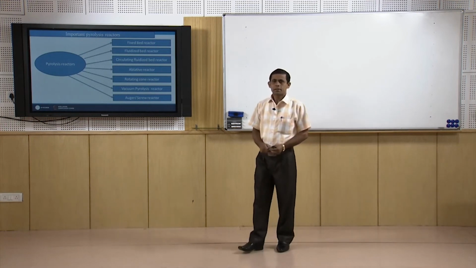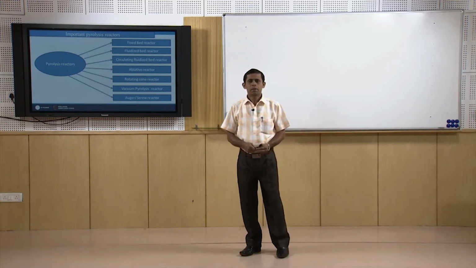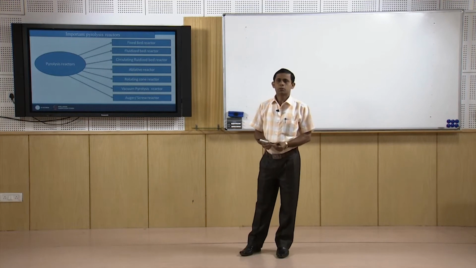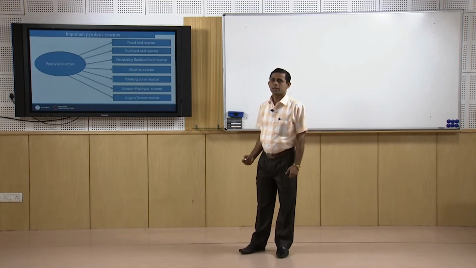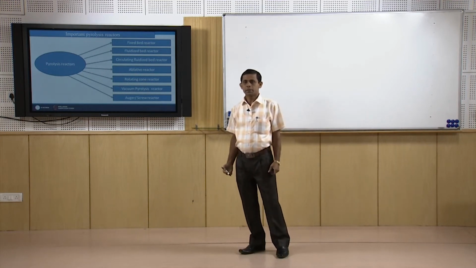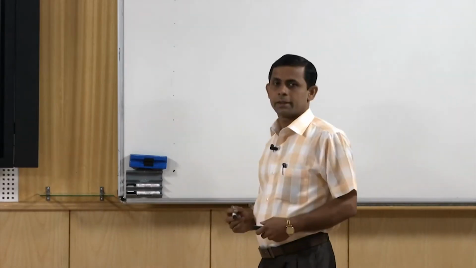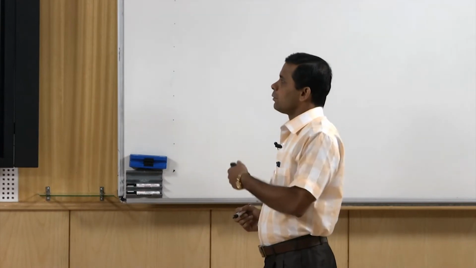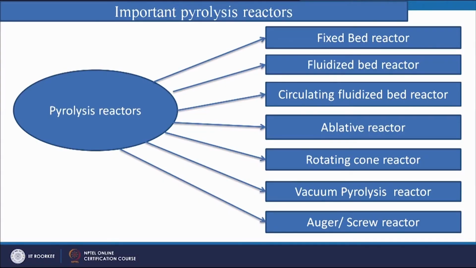As pyrolysis is a thermochemical conversion process, like the other two thermochemical conversion processes, incineration and gasification, in this process also the first reactor was the fixed bed reactor, and then the fluidized bed reactor and circulating fluidized bed reactor were developed.